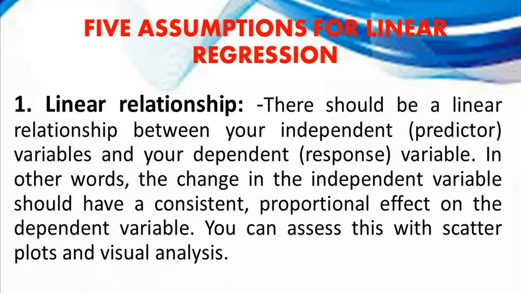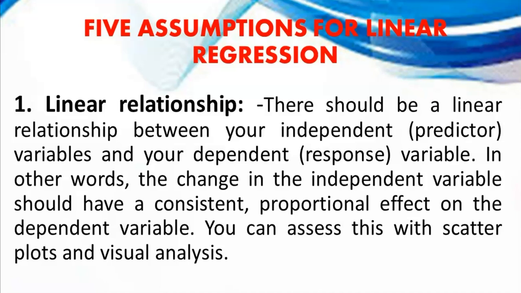There are 5 assumptions for linear regression to be considered, and number 1 of these assumptions is linear relationship. There should be a linear relationship between your independent variable, which is called the predictor variable, and your dependent variable, which is the response variable.